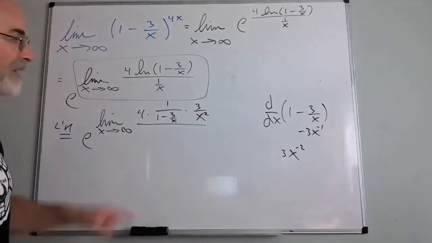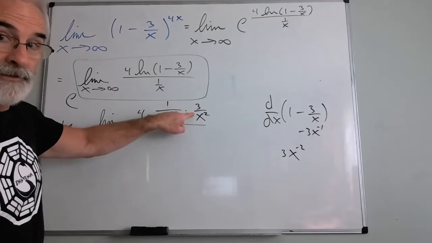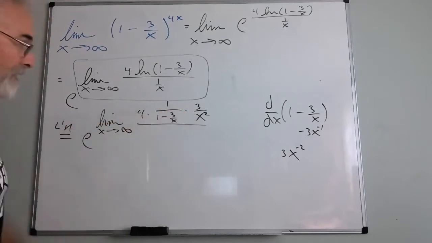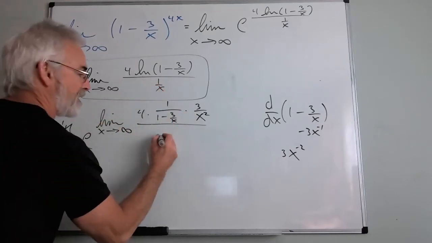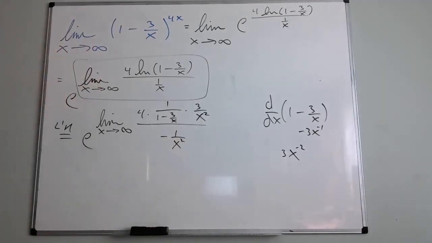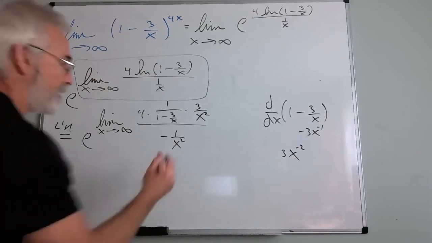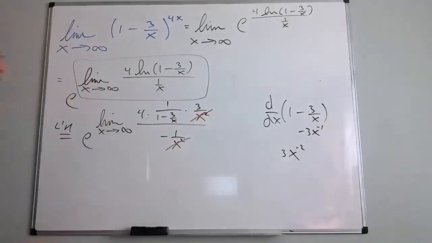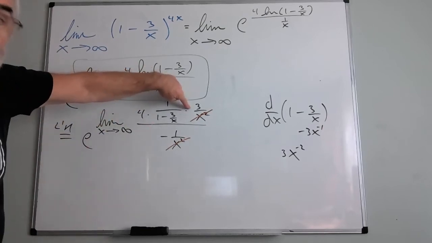And what's really important is this is positive. That's actually huge. The derivative of the bottom I know is negative 1 over x squared. There's nothing wrong with leaving it as a negative exponent, because the most important thing you notice now is that those guys will cancel. But that sign is huge.